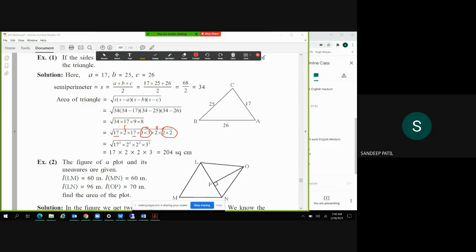I remember in June or July we worked on how to calculate the square root, right? Similarly, here we can make these pairs, and we know that 17 into 17 is nothing but 17 raised to 2. Similarly, 2 raised to 2 is the square of 2, then square of 2, square of 3.